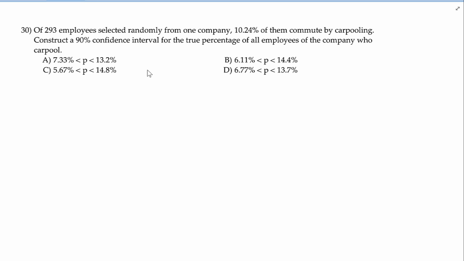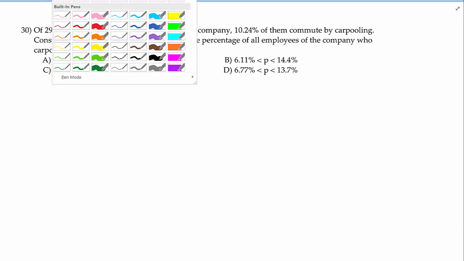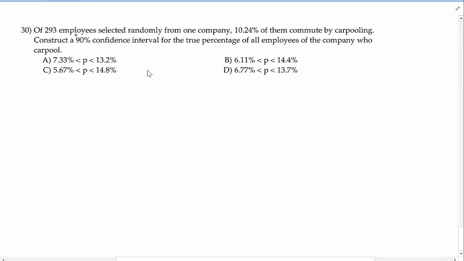So 10.24% is the proportion in the sample who carpool, that will be 0.1024.